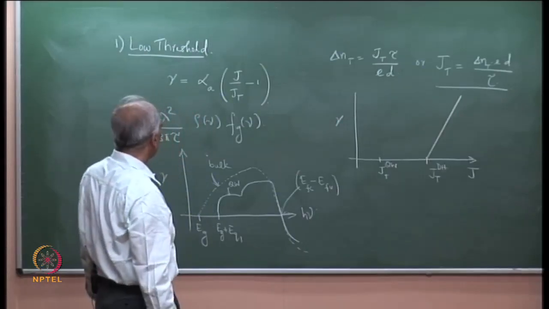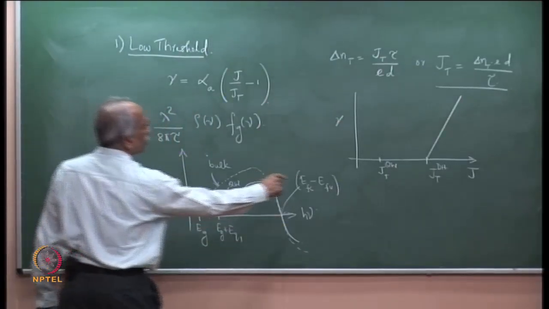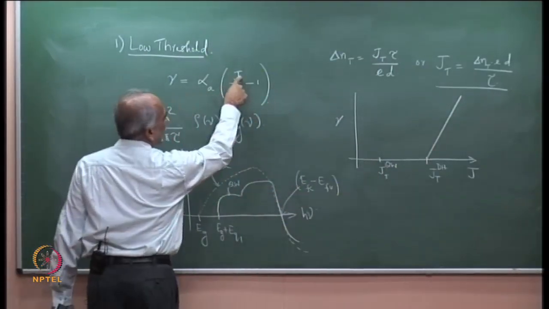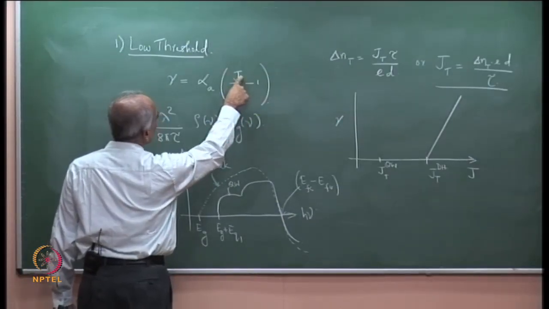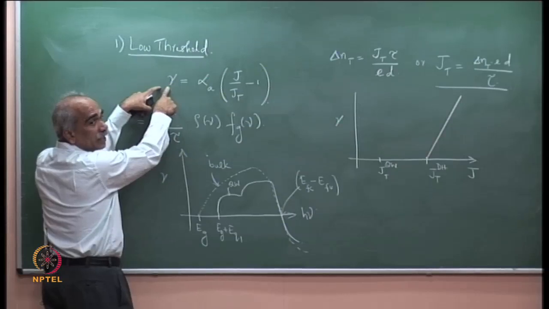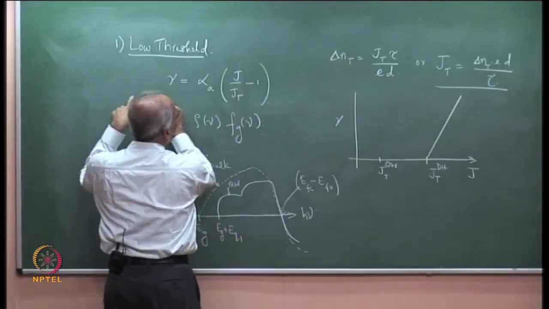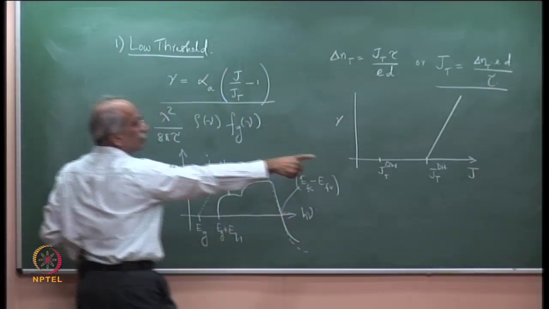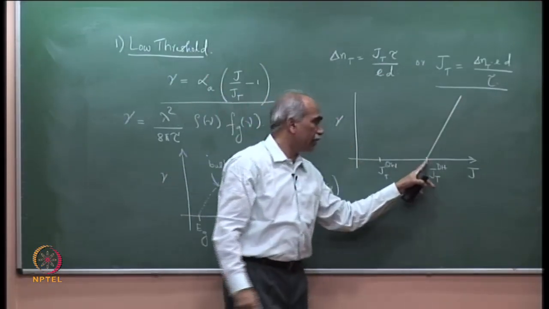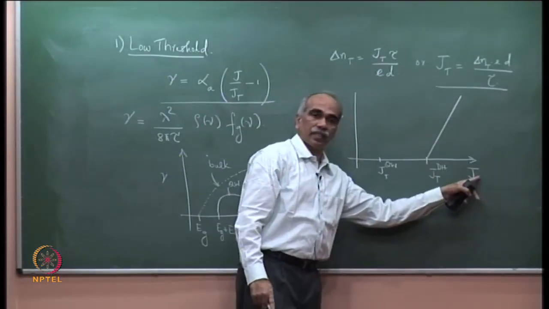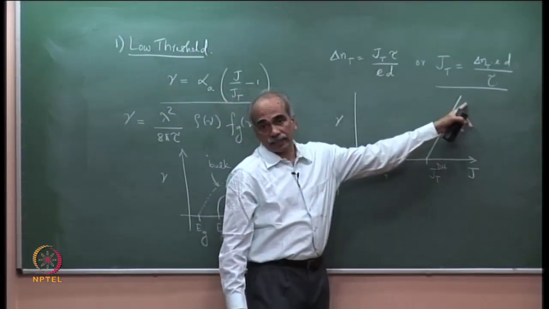So, this is j. As j increases, jt is fixed, gamma increases linearly. Please see this. This is for the case of any particular frequency, as j increases, gamma increases linearly.